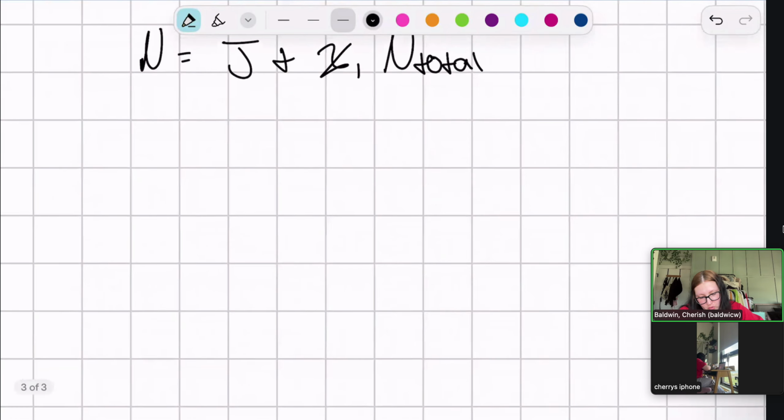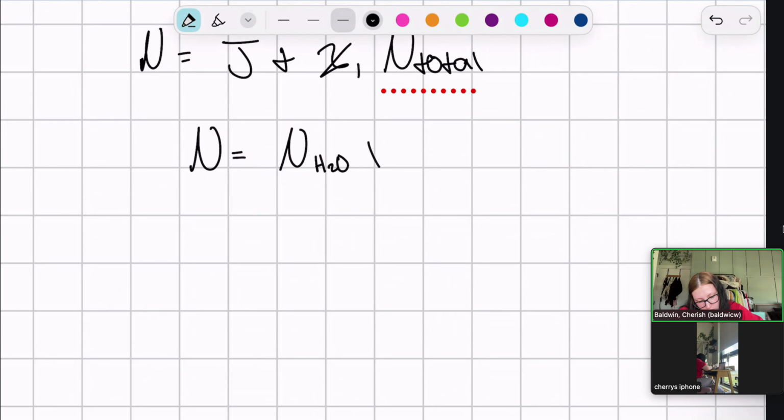And N total is represented as N H2O plus N nitrogen.